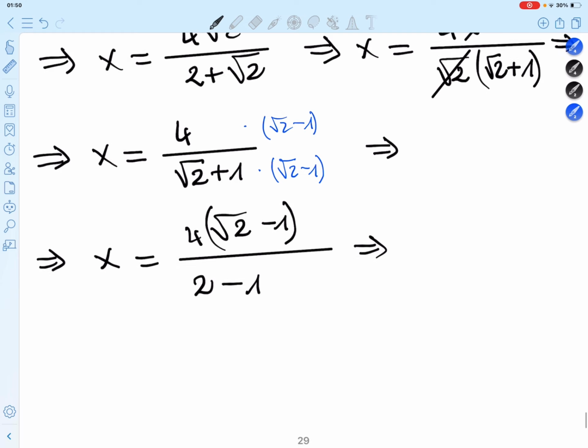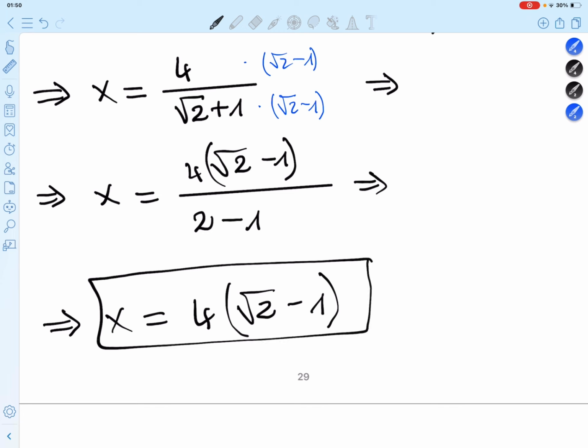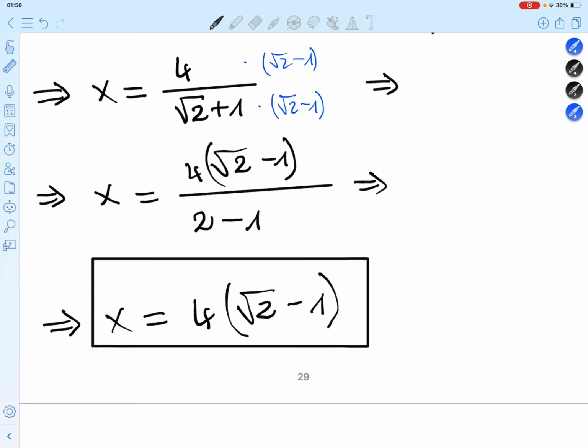So this implies that x is equal to 4, because the denominator is going to be equal to 1, so we can get rid of it. Therefore we have x equal 4 times root 2 minus 1, which is what we actually wanted to show.